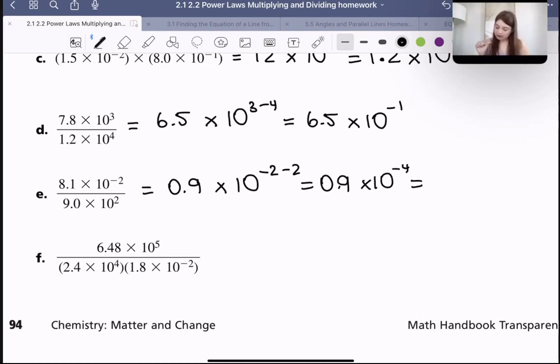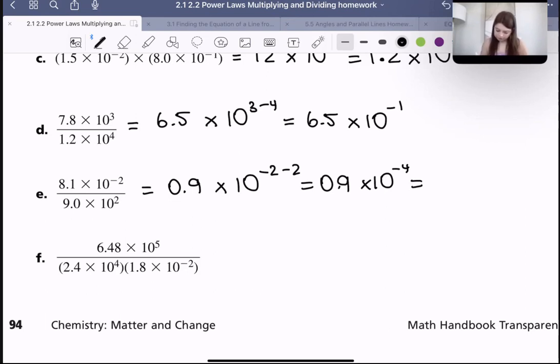Now, is this scientific notation? Well, no, it isn't. The only digit we have on our left is a 0, right? This is just a 0. And so we need to move the decimal point to the right so that we have exactly one digit on our left that is not a 0.